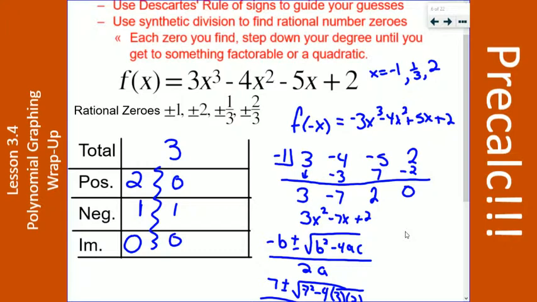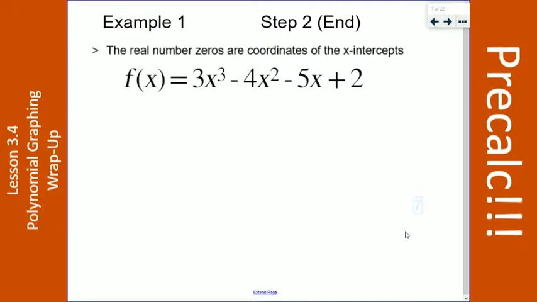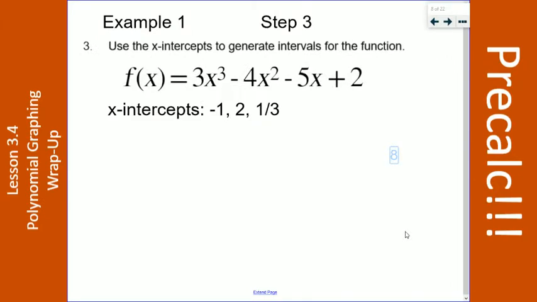So once we have this, let's go ahead and move on to step 2. So let's just list it one more time. So our real number solutions are x equals -1, 1/3, and 2. Okay? So step 3. We want to use those x-intercepts to generate the intervals for the function. Okay?